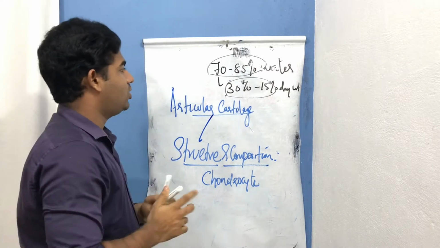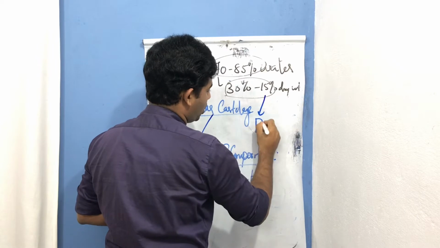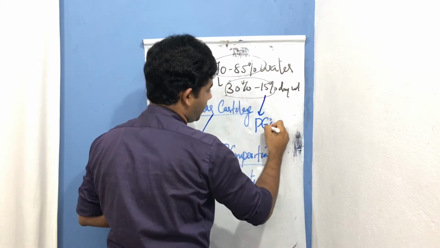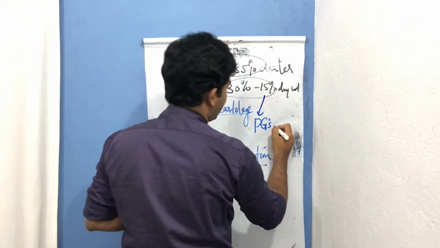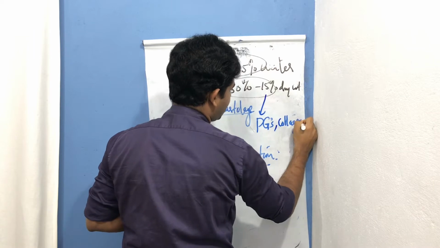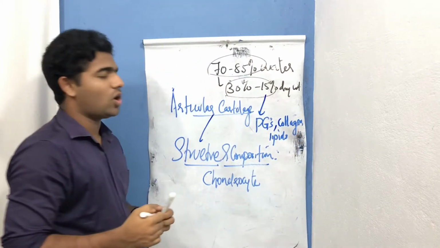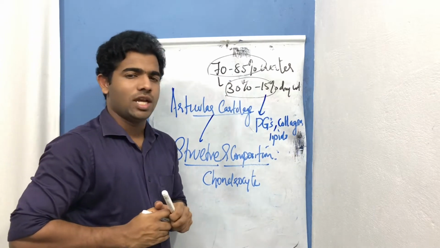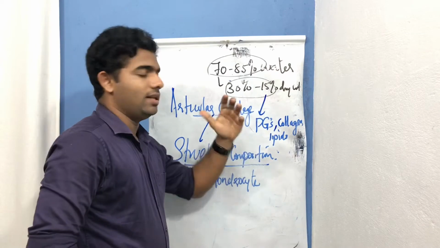In this dry weight, the major components are the proteoglycans, PGs, okay? Not postgraduates, but proteoglycans. Then collagen, lipids, etc. So these are the components of the dry weight of the cartilage: the proteoglycans, the collagen, the lipids.